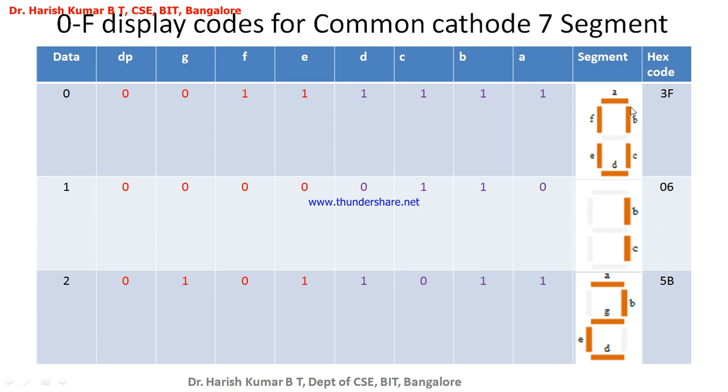Now for getting 0 on the common cathode 7 segment, I want LED A to be glowing. On common cathode, to make A glow, I have to give the value 1.